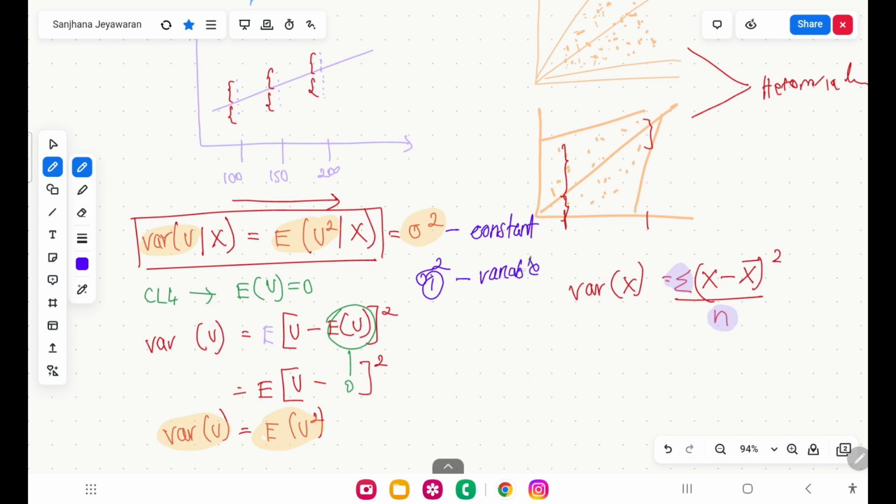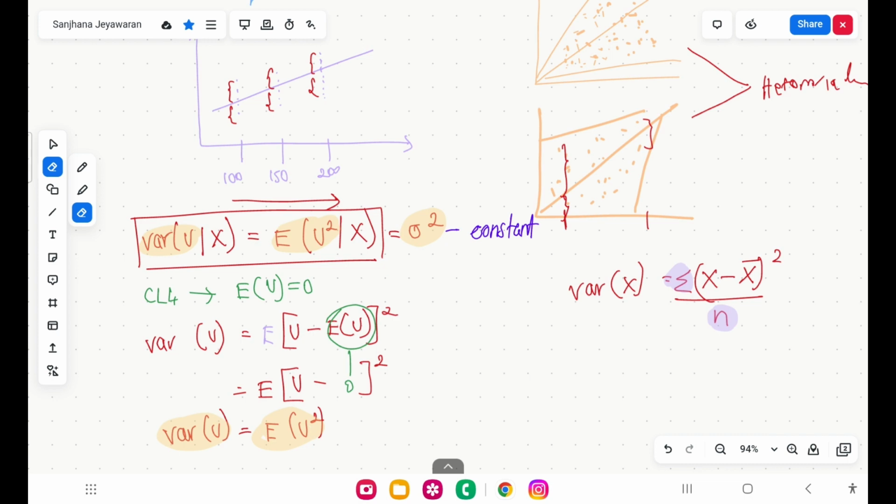So when it comes to heteroscedasticity, we use this one. But since we are talking about homoscedasticity, we don't put this i subscript over here. Here, I am removing this i subscript. So it's equal to sigma square, which shows that the variance of the error is equal to a constant.